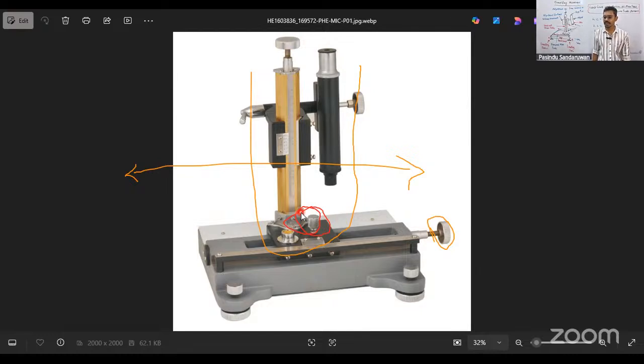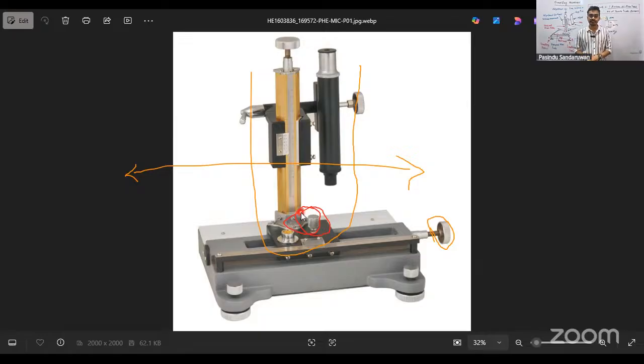And as one student asked, in some traveling microscopes, a small hand lens or a convex lens is also fixed here to see these divisions clearly. The vernier scale here is divided into 50 divisions.